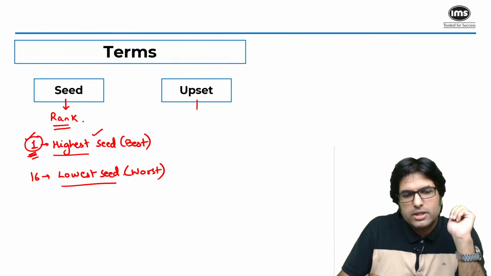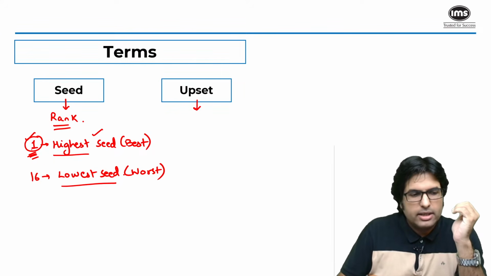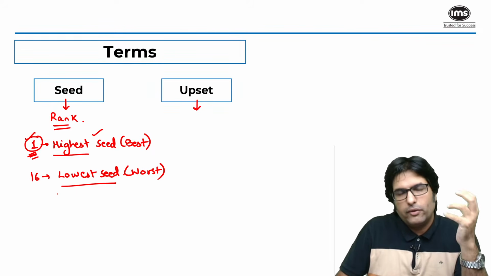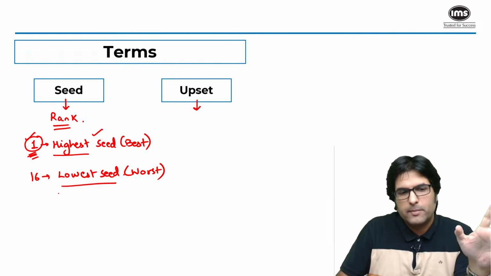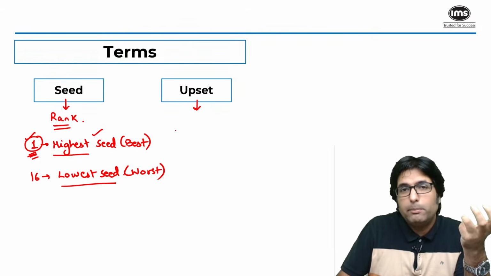Then the part on upset. So what is an upset? Suppose there is a player, and understand that these ranks are decided before the tournament starts. So before any match is getting played, we know the ranks of all participants, all players. And now what will typically be called an upset? When a poorer ranked player beats a better ranked player.